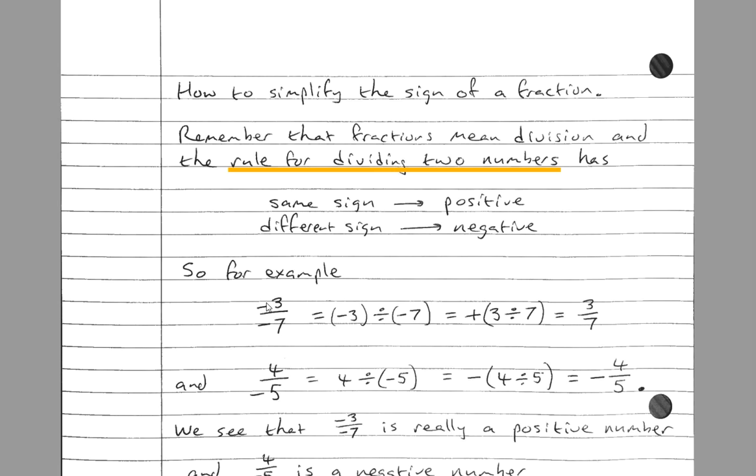Any fractions like this with two negatives simplify to a positive fraction. It's very easy to think that this is negative, but really, dividing a negative by a negative, it's positive.